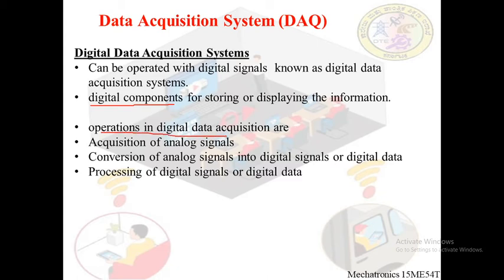The operations of the digital data acquisition are in digital form. The main operations carried out are acquisition of the analog signal, which, once acquired, gets converted into digital form using an analog to digital converter, and processing of the digital signals so that it drives the display stage or the next stage of operation.